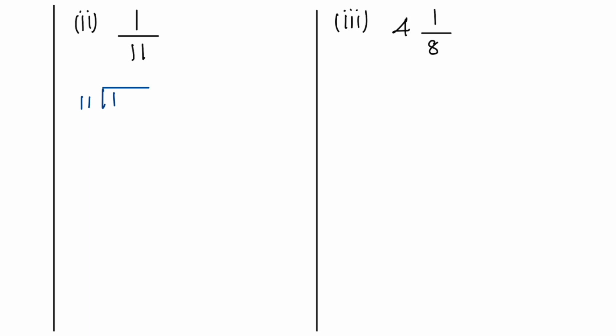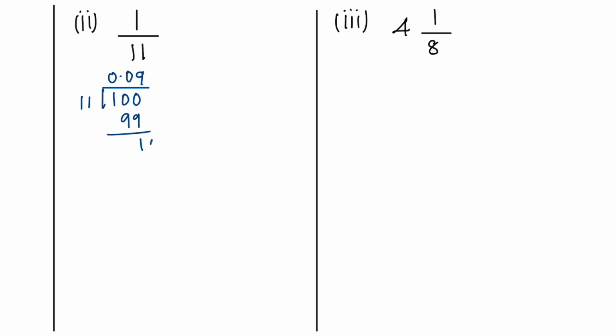What would you do? 0 point, and that would give you 10 here. 10 is still lesser than 11, right? Now we are going to add another 0, that gives you 100. So 11 times 9 gives you 99, and that's the maximum that can go in 100. So that gives you a remainder of 1 again.